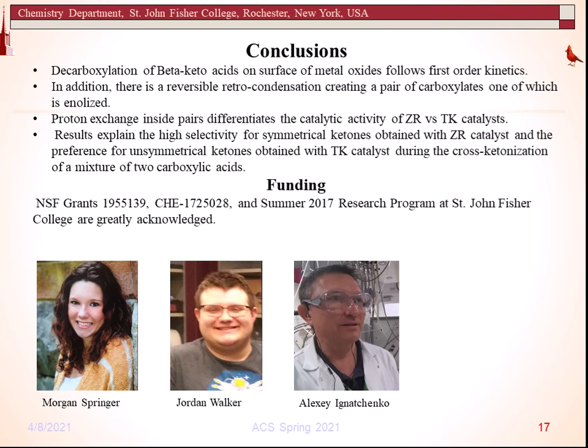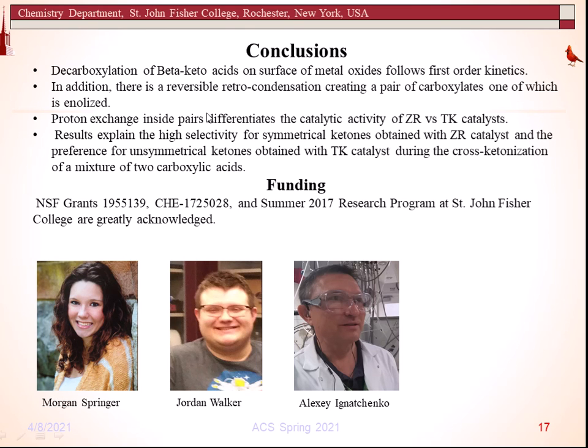So in conclusion, we found the first order reaction kinetics for the decarboxylation of beta-keto acids, and there was reversible retrocondensation because we've seen the carboxylates. And those carboxylates, one of them is enolized and they can steal protons from each other.